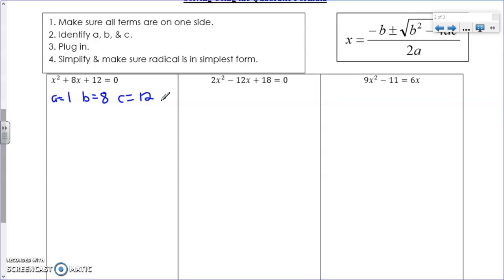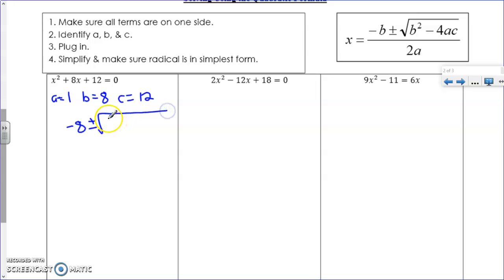Now, most students have no problem plugging in. It's the simplifying, okay? So we're going to plug it into this over here. So we have negative b. So since it's positive 8, it's going to be negative 8 plus or minus the square root of b squared minus 4 times a times c over 2 times a.